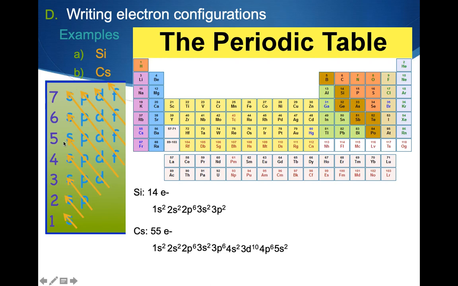Then after 5s2, we go back to the bottom of our arrow, and now we're going to go to that 4d. 4d10 will fill because, again, we're trying to get all the way to 55. After 4d10, it looks like we can go up to 5p because between d10 and p6, there's not a huge difference in the number of electrons.